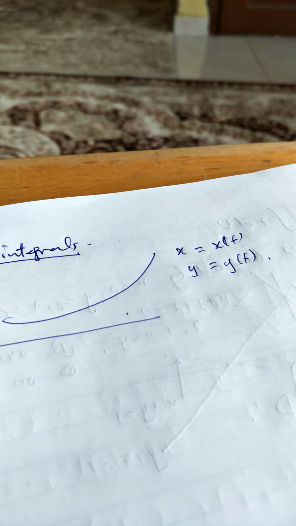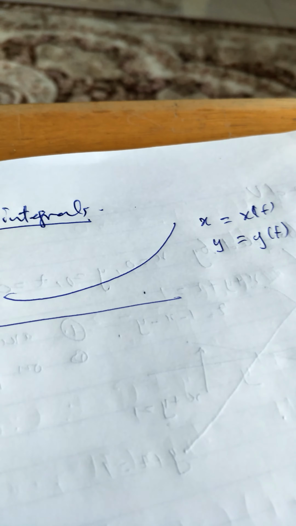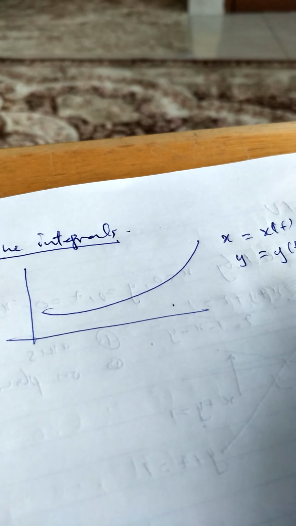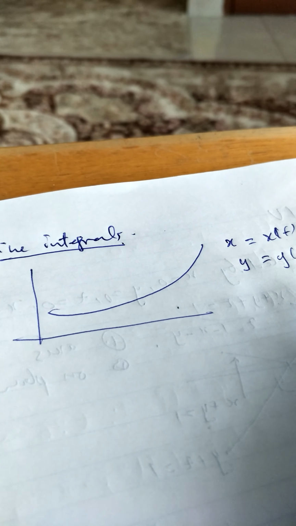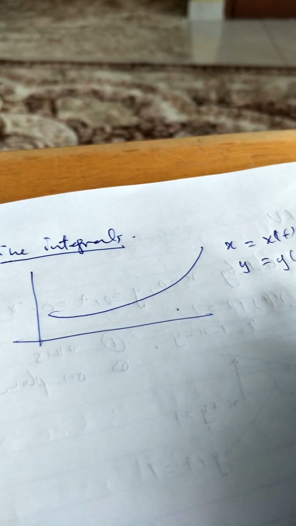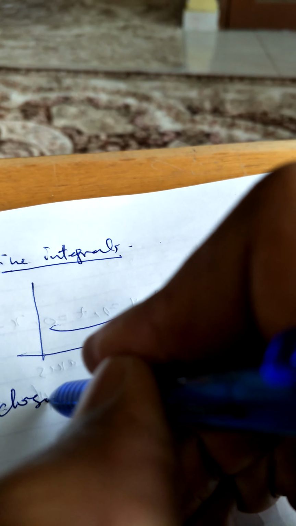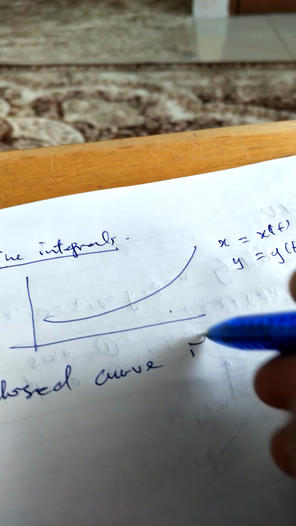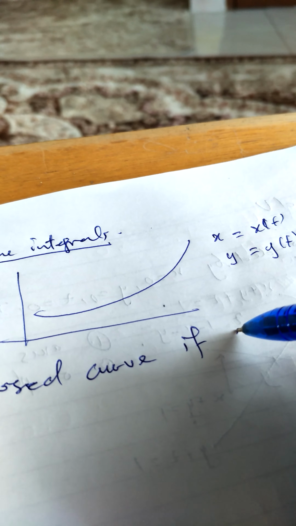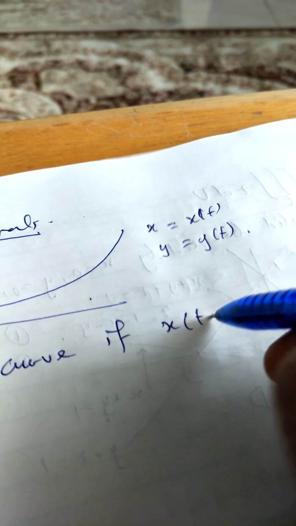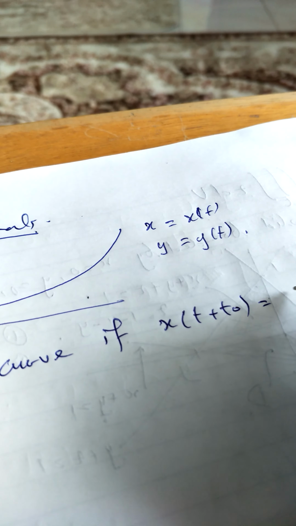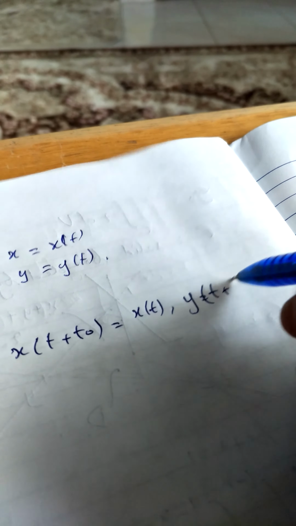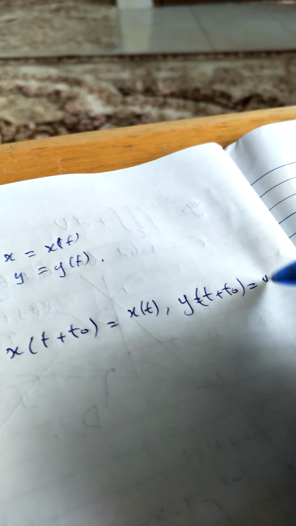Now let me give a brief definition of the curve. We say the curve is a closed curve if x(t plus t naught) is equal to x(t) and y(t plus t naught) is equal to y(t).